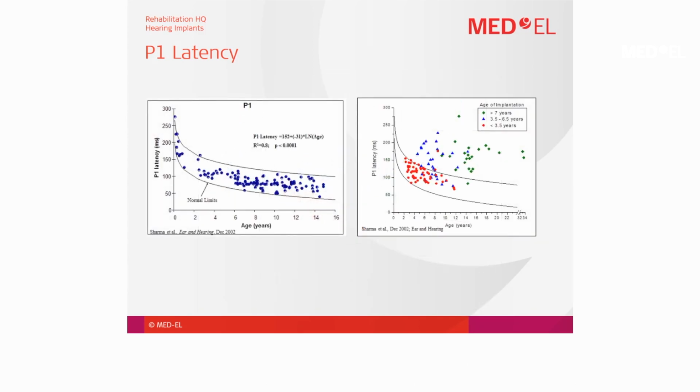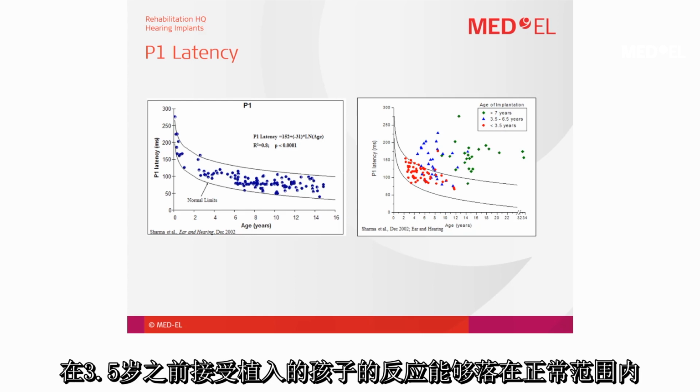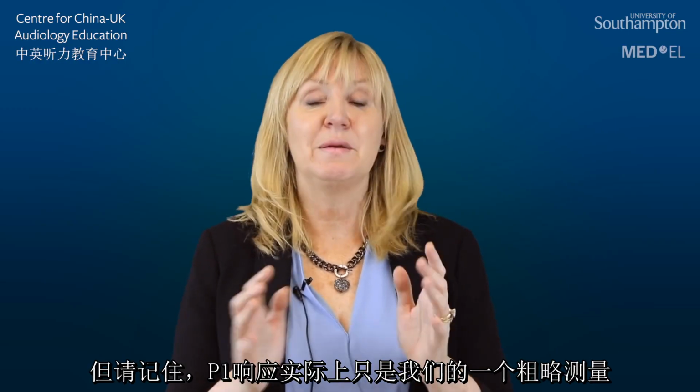Here are those two graphs side by side. So you can see there very clearly, again in the graph on the right, that the children implanted before the age of 3.5 were able to get responses that fell into the normal range. Please remember though that this P1 response is really just a very raw response that we're measuring.